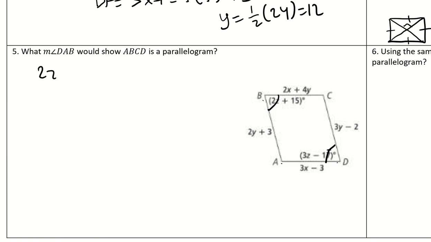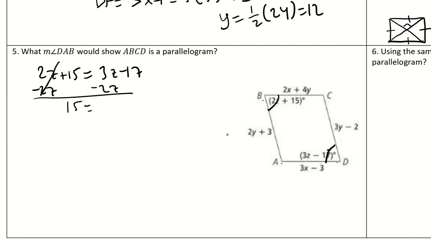So 2z plus 15 is equal to 3z minus 17. Let's solve for z here. Subtract 2z on both sides, and then we'll add 17 to the other side. So we get 32 is equal to z.